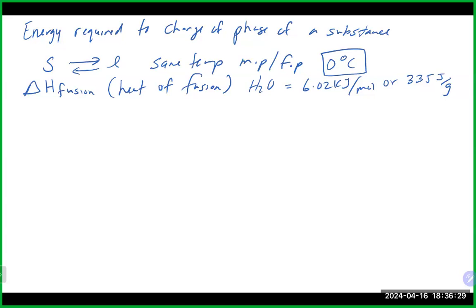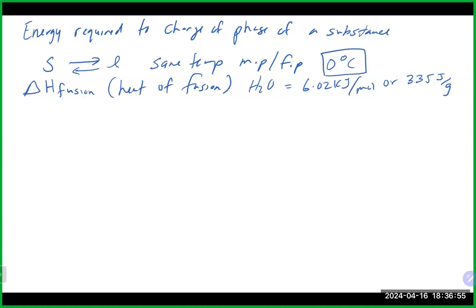It is the same amount of energy regardless of which way you're going, but the sign is different because as I go from solid to liquid, is that an exothermic process or endothermic process? If I have an ice cube and it starts to pick up energy, it will start to melt.